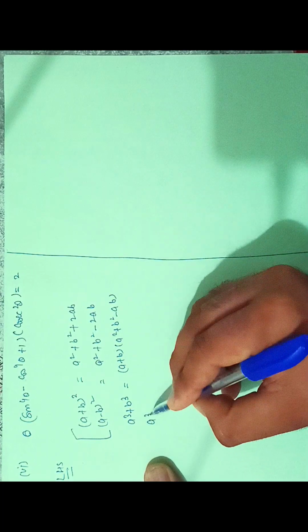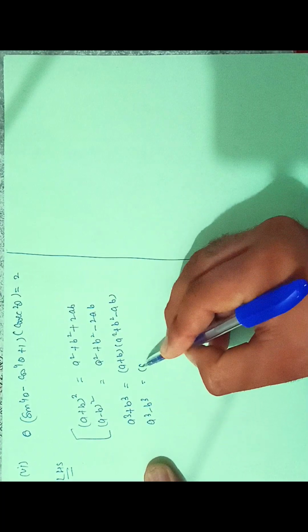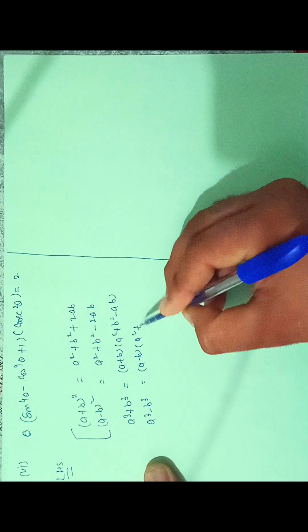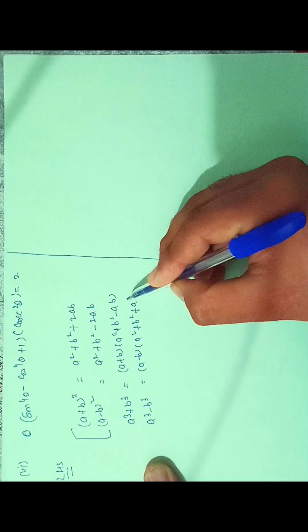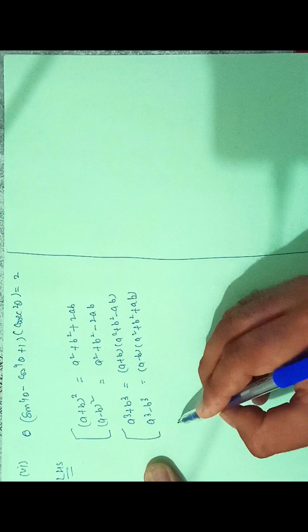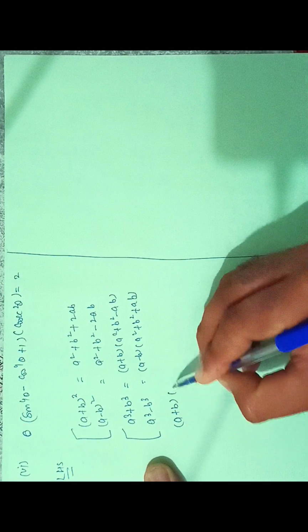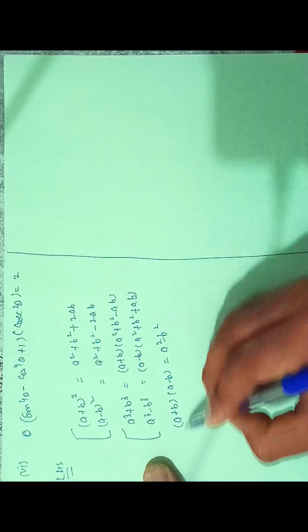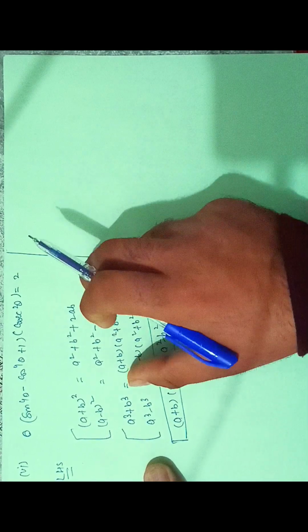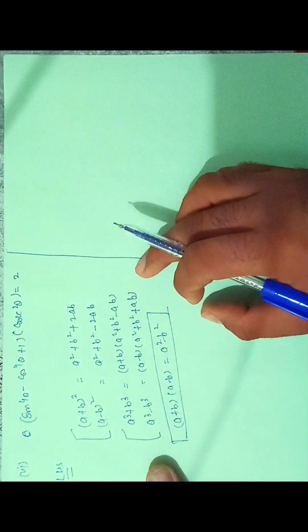And a cube minus b cube, we can write as a minus b into a square plus b square, and here I'll use plus ab. And the very last one, very important, is a plus b into a minus b, which is the identity of a square minus b square. If you remember these identities, no question will be left.